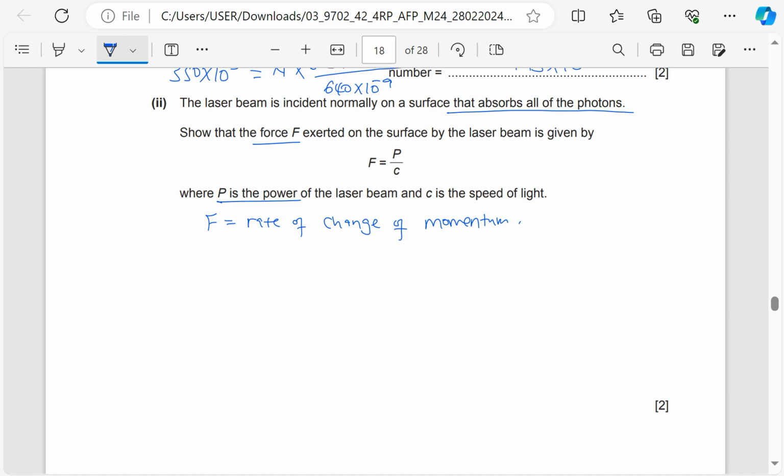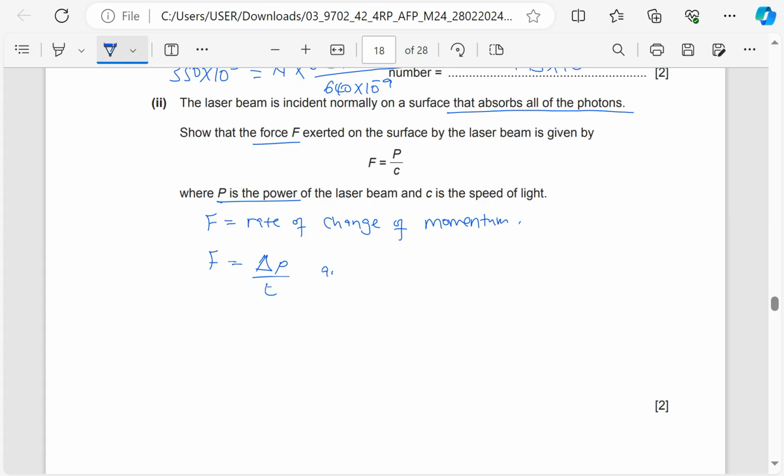So I'll write force is equal to the change in momentum, small p, not capital P, because this time capital P has been used for power, over t.